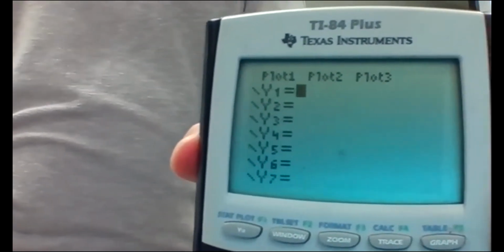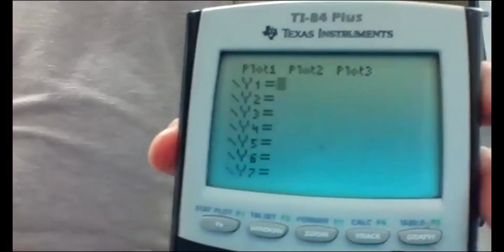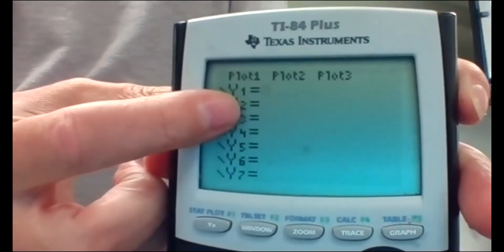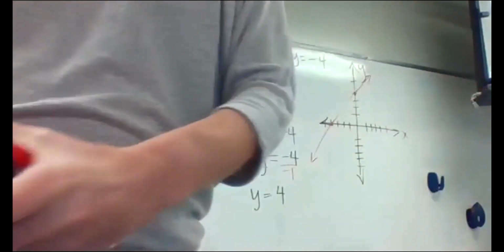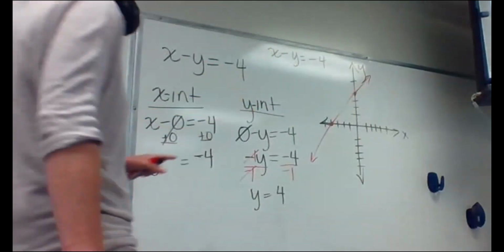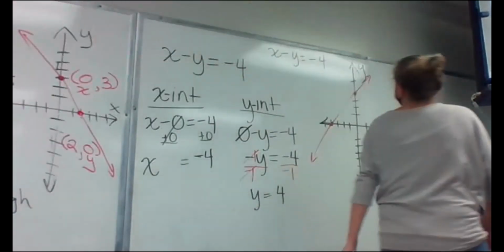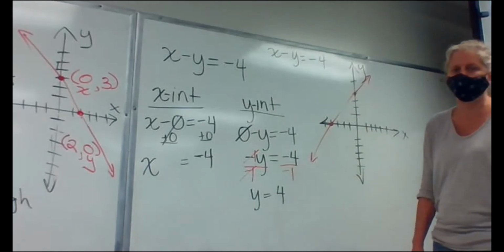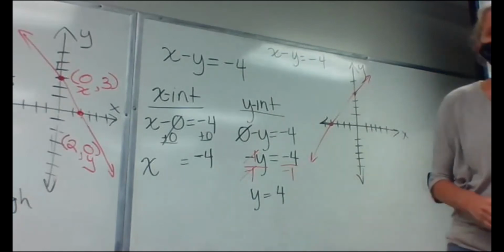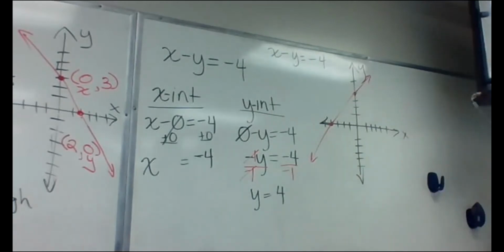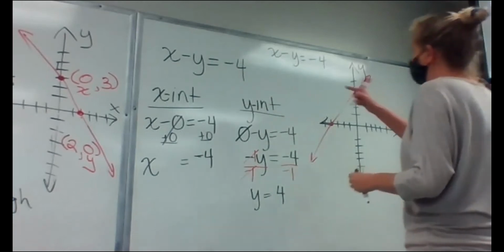The y equals button is where you graph. But if I'm going to graph, I have to know what y equals. The way this is written doesn't show me y equals. It tells me x minus y equals. So if you're going to put this in the calculator, you've got to get the y by itself first.